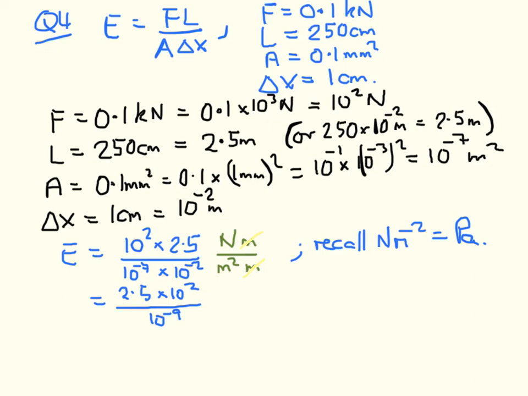And now we take these factors of 10 and tidy them. So it's 10 to the 2 divided by 10 to the minus 9. So we've got 2 minus minus 9, and minus minus 9 means that we are adding 9. So we're going to get 10 to the 11, 2 plus 9. So we have E is 2.5 times 10 to the 11 pascals.